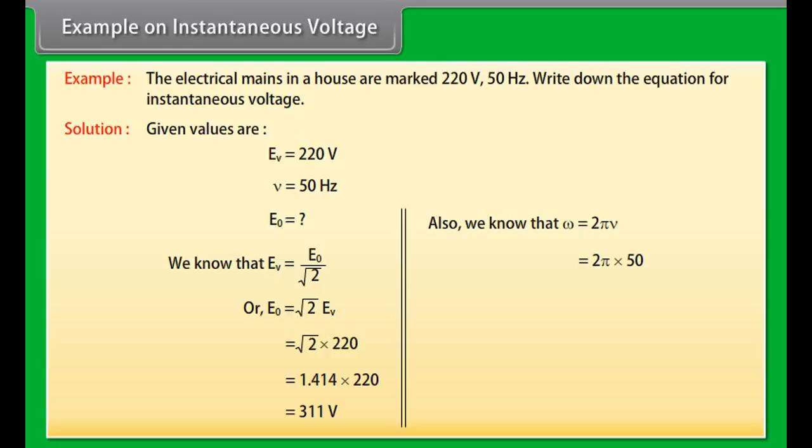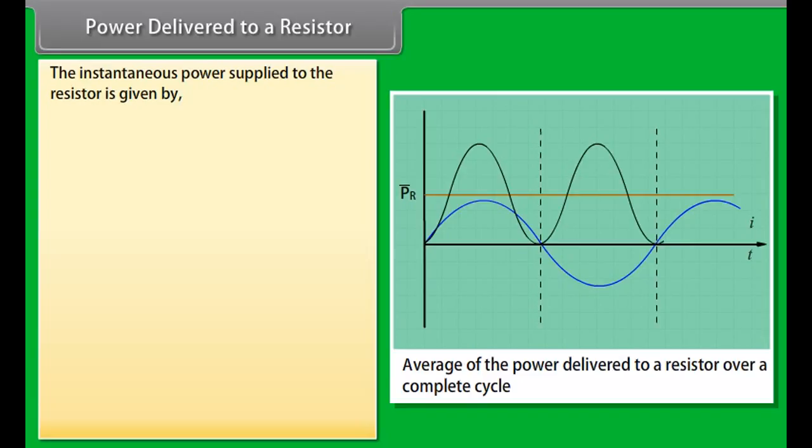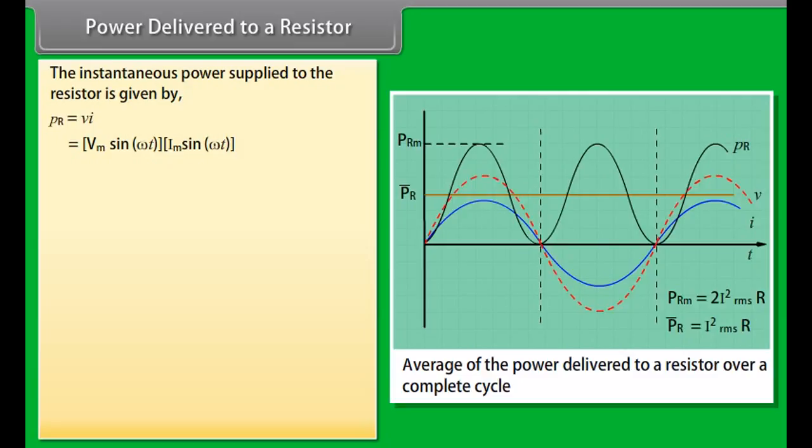Example on instantaneous voltage. Let's take an example. The electrical mains in a house are marked 220 volt, 50 Hz. Write down the equation for instantaneous voltage. Let's see the solution. Given values are EV = 220 volt and ν = 50 Hz.